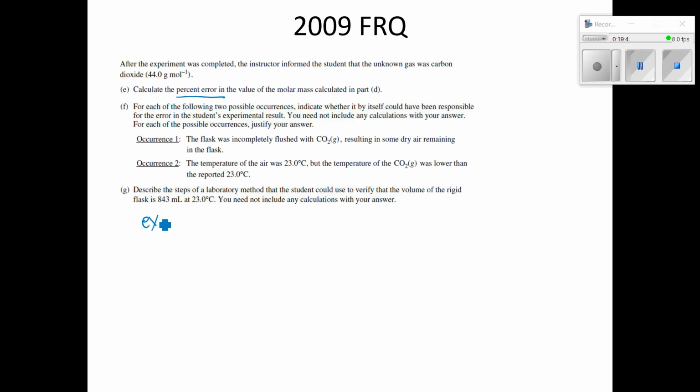So let's call this the experimental value. That's what we calculated in the lab, was it 40.1? Okay, so our experimental value was 40.1 grams per mole. And they tell us that the true value, or we'll call this the theoretical value, was 44.0.